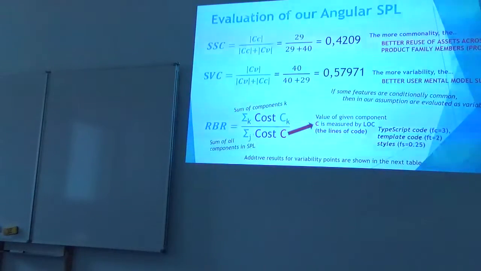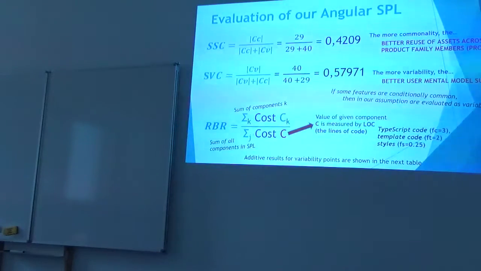the given metrics for structure similarity coefficient and structure variability coefficient, which are both relatively high. 42% is the reuse of the assets across the product family members, where all family members contain given services and so on.